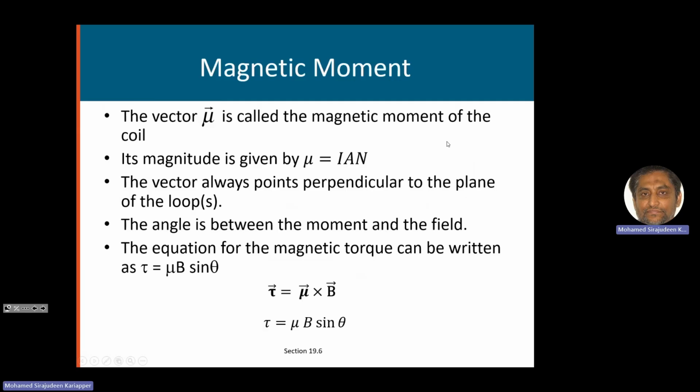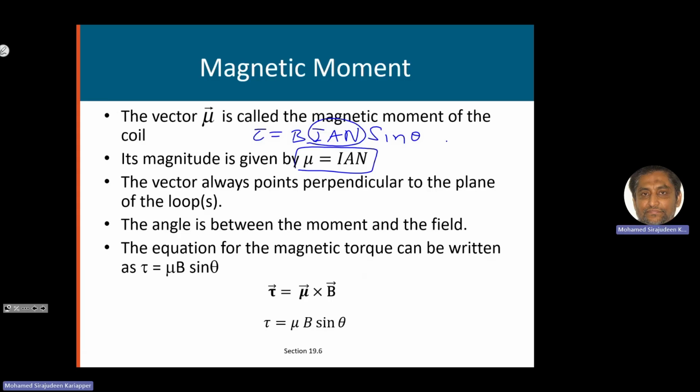Let me write that equation again. Torque is equal to B I A N sine theta, that's what we had in the previous slide. I'm going to collect three of these terms and call that mu.